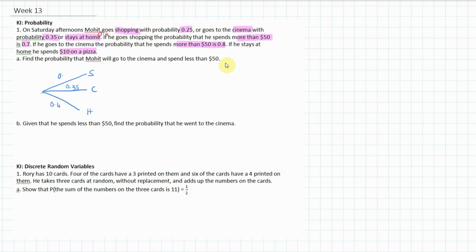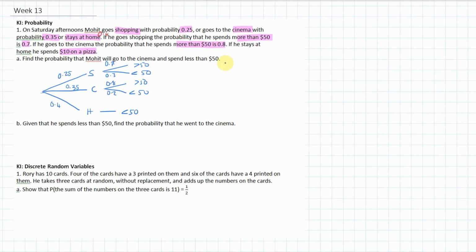Now, he can spend greater than $50, or he can spend less than $50, and the same here, greater than 50, less than 50, and this one he automatically spends $10, which we could just rewrite as less than 50. Now the probability for this first one is 0.7, which means that is 0.3. This is 0.8, which means that this is 0.2. So that's our tree diagram.